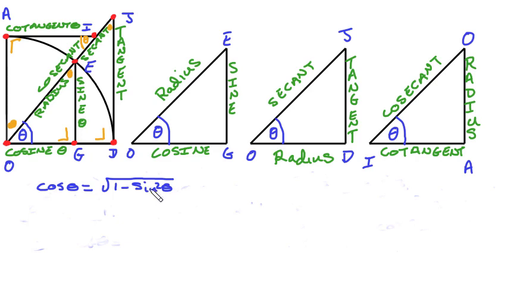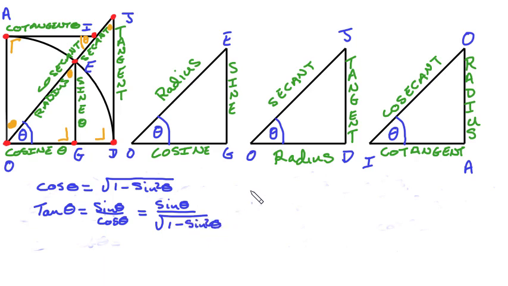We know that tan of theta is equal to sine of theta divided by the cosine of theta, and that is equal to sine of theta divided by the square root of 1 minus sine squared theta.